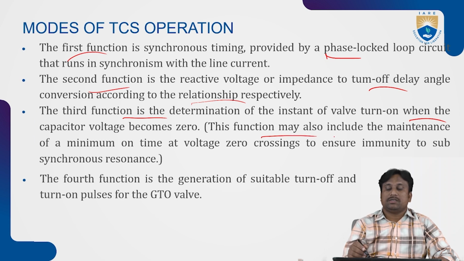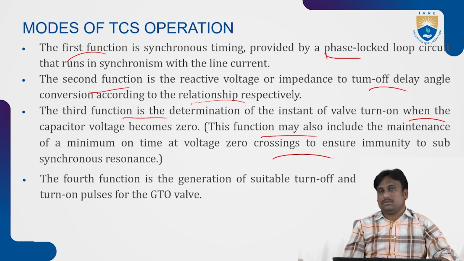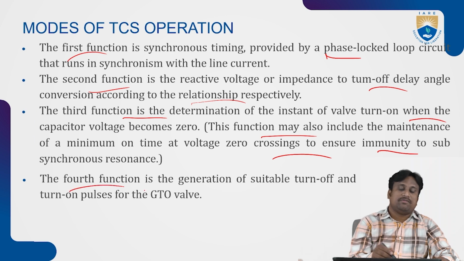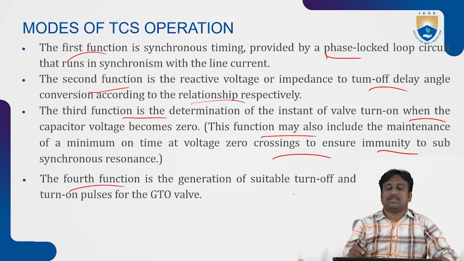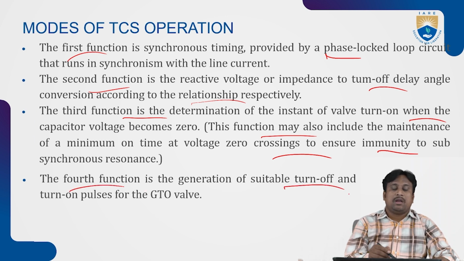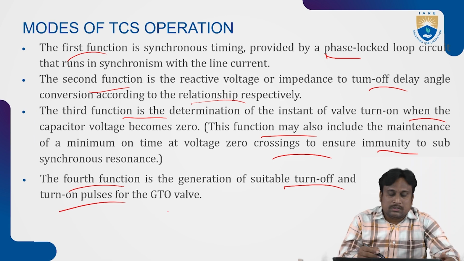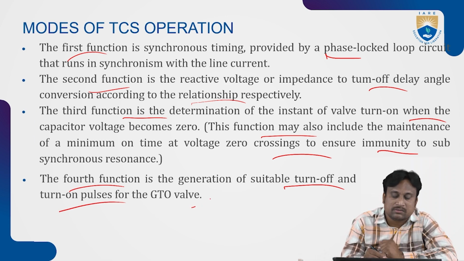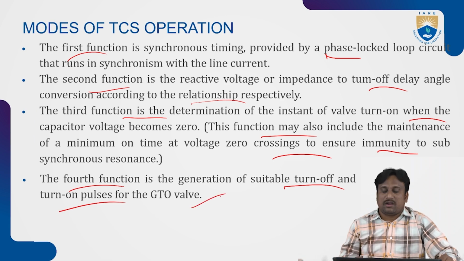This may also include the maintenance of a minimum on-time at voltage 0 crossings, to ensure immunity to subsynchronous resonance. The fourth function is the generation of suitable turn-off and turn-on pulses. This is for the GTO valve case, the gate turn-off valve case.